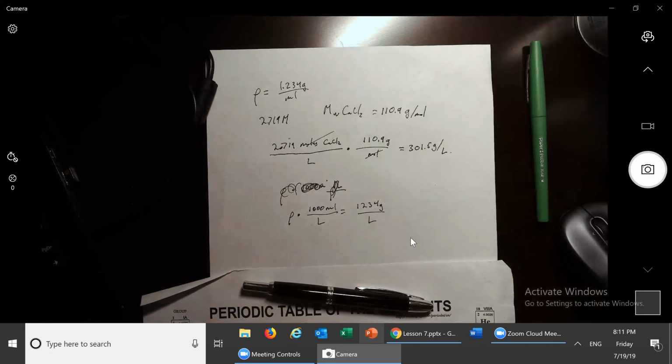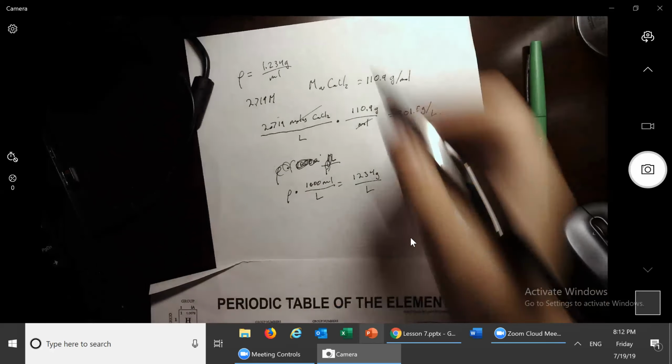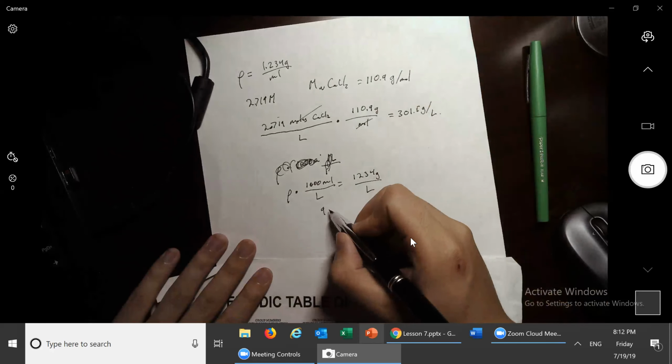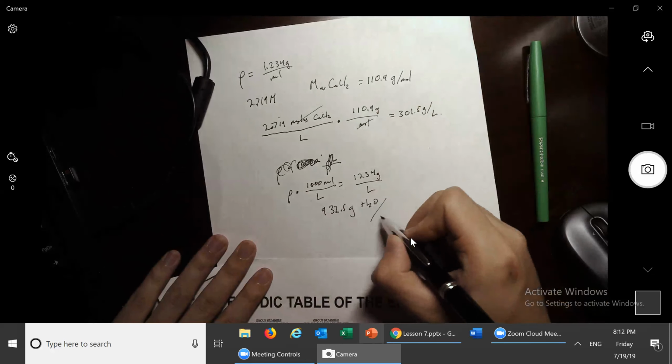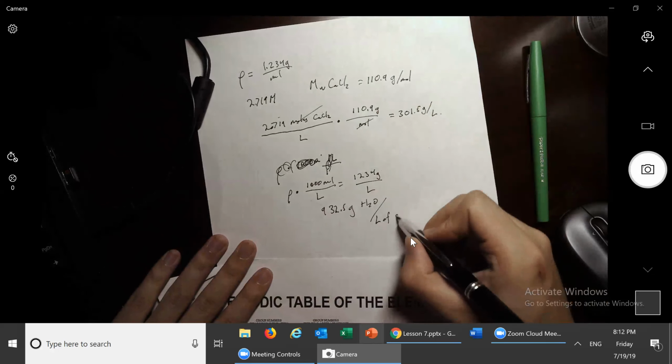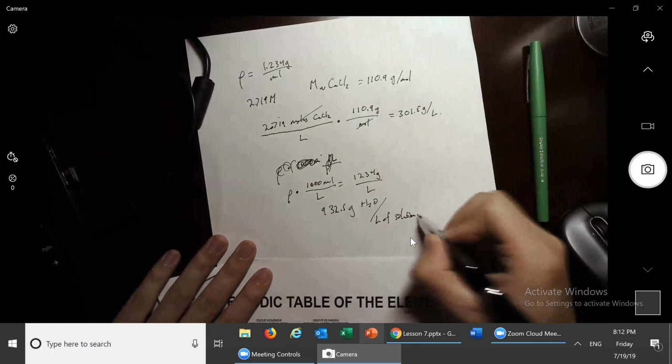So the total mass is 1,234, and the mass of the calcium chloride is 301. Therefore, the mass of the water should be the difference, right? So 932.5. Okay, great.